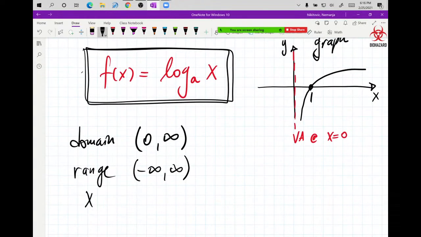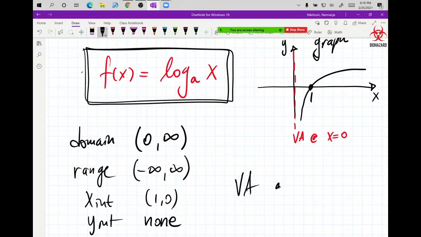X-intercept, use your eyes over there: 1, 0. Y-intercept, none. Clearly, you have a vertical asymptote. We know that you can't have a function cross it, so there is not going to be any y-intercept.